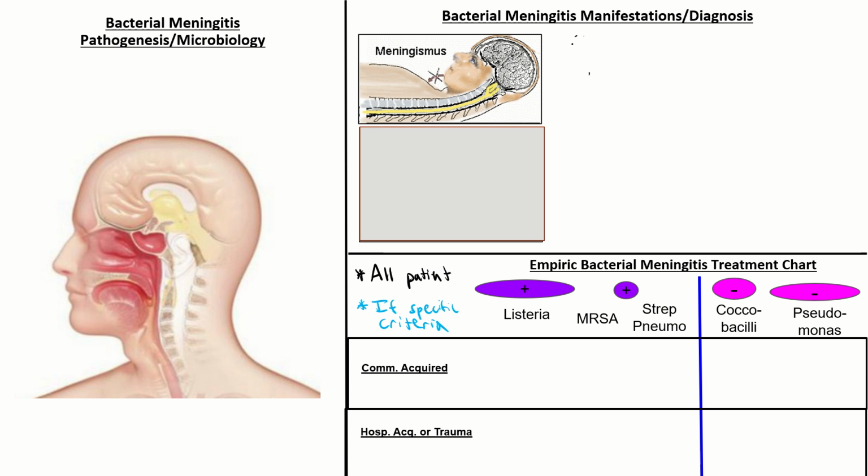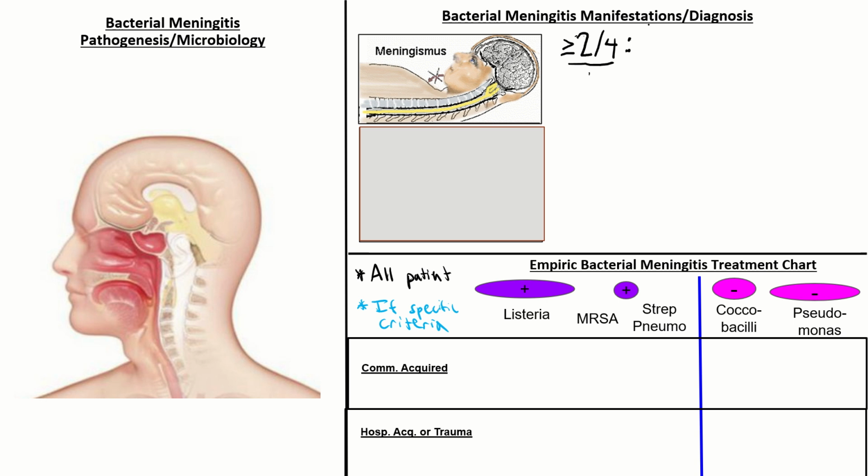So bacterial meningitis, you really want to have a pretty low threshold to treat. So you want a diagnostic system that is pretty sensitive. The one that I use, the one that's kind of borne out in the literature, is patients should have really 2 out of 4 of these manifestations for consideration of treatment of bacterial meningitis.